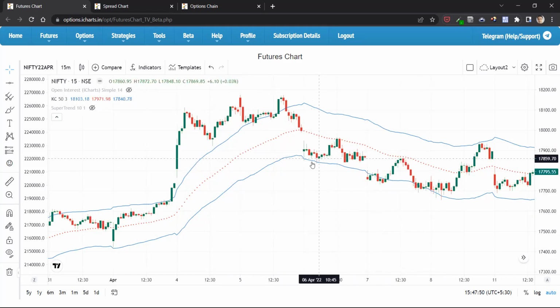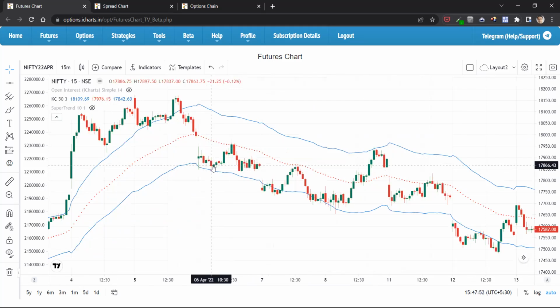This is at around 17.8, 17.9. So I would initiate some 18,000 or 18,001 long, and then probably 17.8 or 17.9 short, or maybe an 18 long put and then 200, 300 points down short.